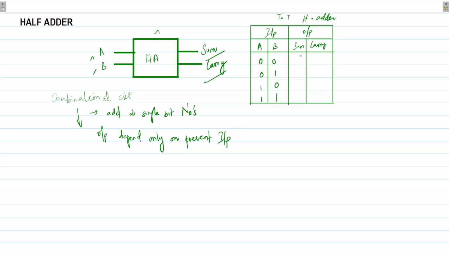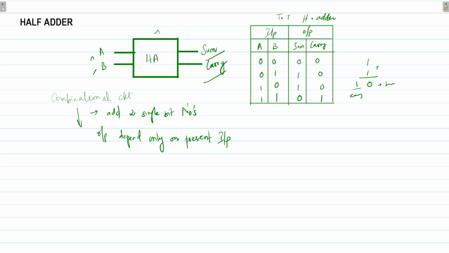If we add 0 and 0, the sum will be 0, carry also will be 0. So 0 plus 1, sum is 1, carry is 0, again sum is 1, carry is 0. If we add 1 and 1 in binary addition, what will you get? 1 plus 1 is 1 0. So 0 will be the sum and 1 will be the carry. Okay. So sum is 0 and carry is 1.